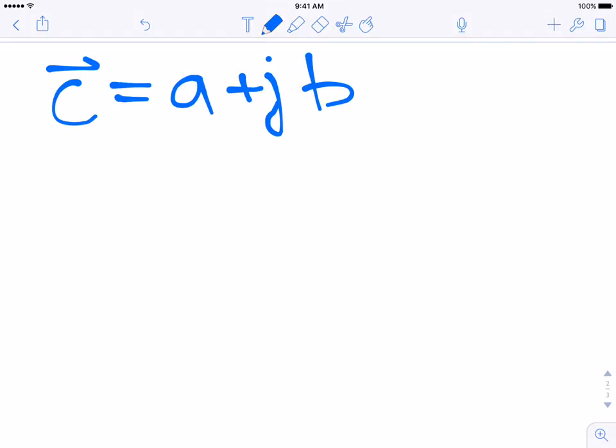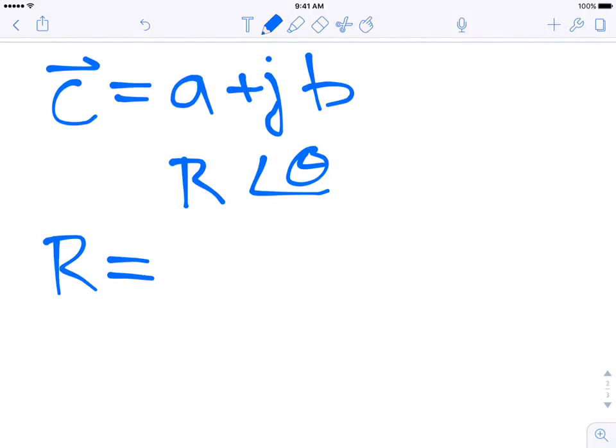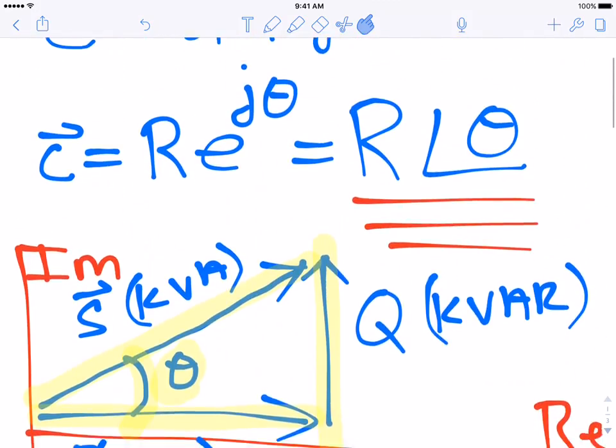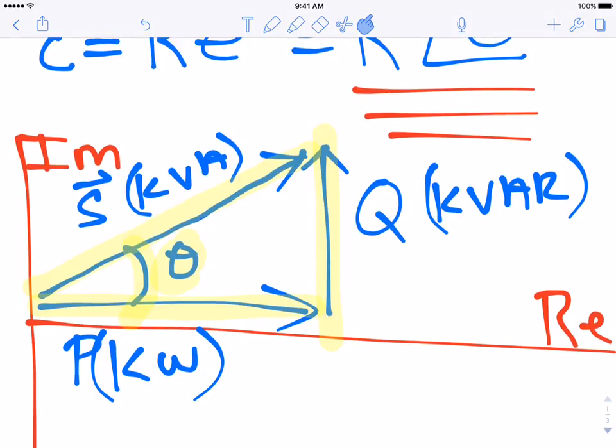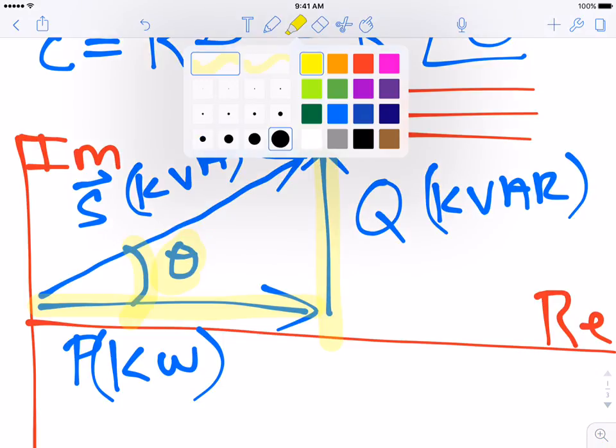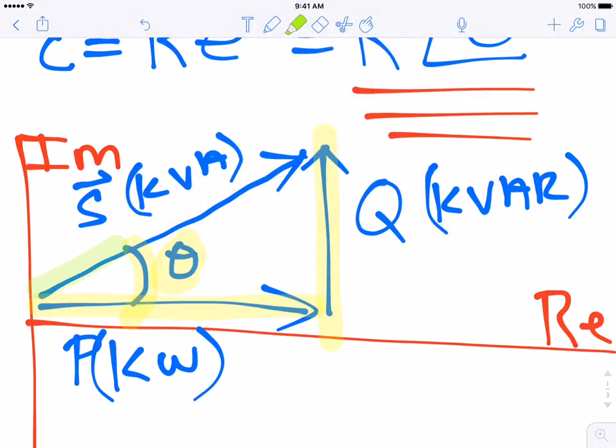Well, the polar form again is R angle theta. So first you need to figure out what's R. Well, R is just going to be the length of, well, let's go back to this triangle. So you want to find out what is this length? This is R, right? So what is this length?